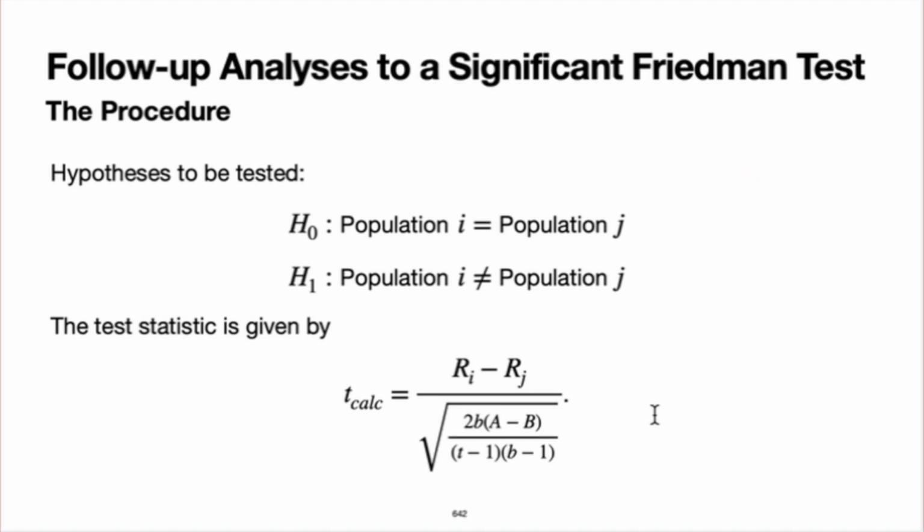Now notice that in the denominator, there's no quantity that is subscripted. And so what that means is that for all pairwise comparisons, the denominator is going to be the same. So we only have to calculate that once, which is really nice. The only thing we're going to have to calculate specifically for each different comparison is the numerator.